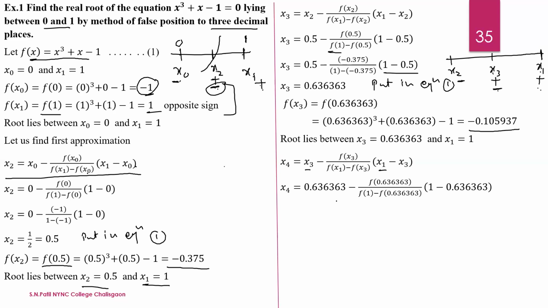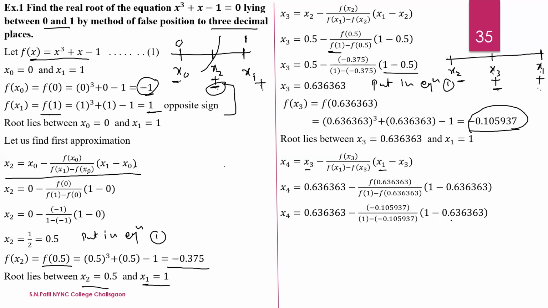Okay. Now substitute the value of f of 0.636363. This is minus. Okay. And value of f of 1 is 1. Substitute here. Now here minus and this minus, minus, minus, plus.